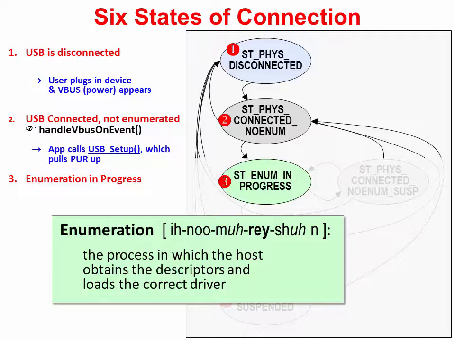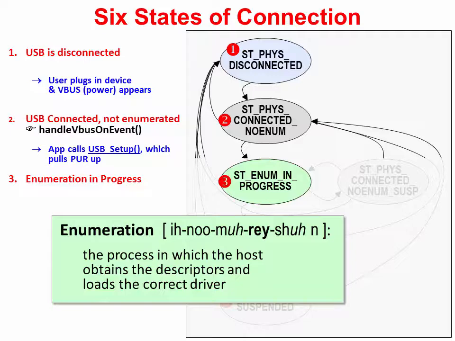When the cable is connected, the host applies power to the VBus signal of the USB cable, and that starts the connection process. 2. At this point, we move to the connected but not enumerated state. By the way, this is when the stack will call the VBus on event handler. Then, once we've called USB setup from our program, the stack will pull up the PUR resistor and tell the host we're ready to move onward.